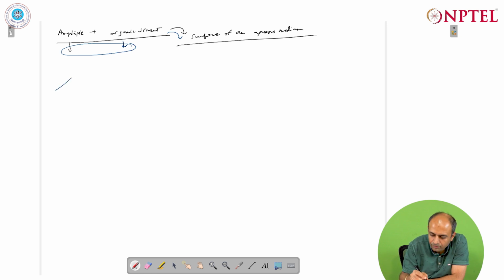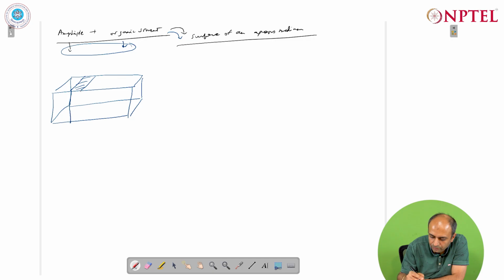So we have a trough, okay, and here we have put a movable barrier, okay, so this is the movable barrier, this is the aqueous phase, and on this you have poured the amphiphile plus the organic solvent.